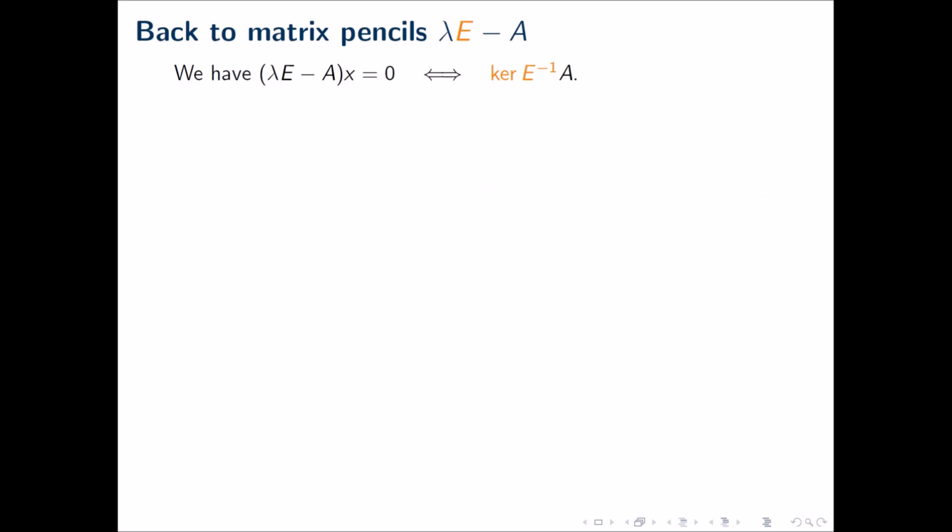So lambda E minus A times X is 0 if and only if X is in the kernel of E minus 1 A minus lambda.